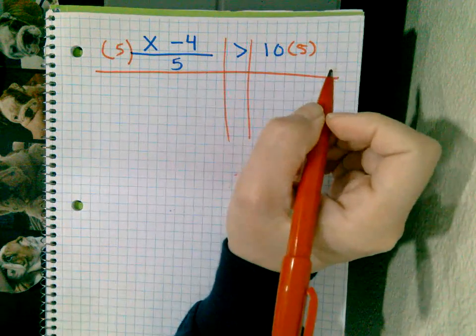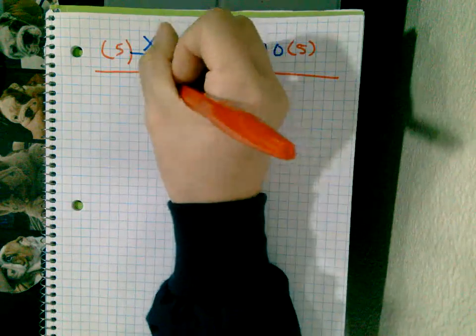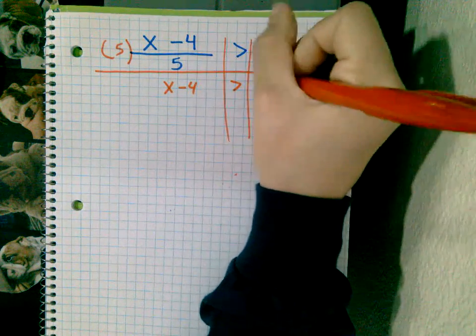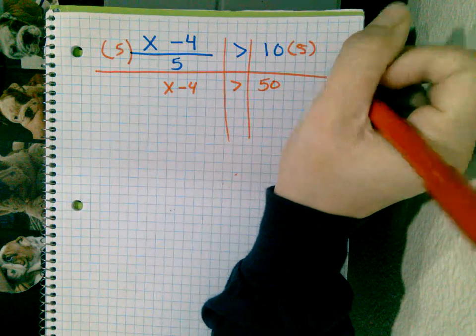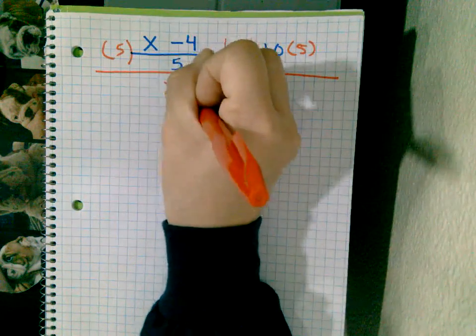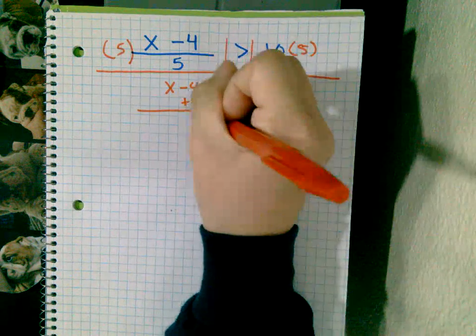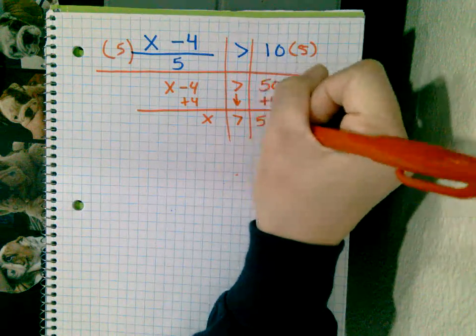We usually don't do that first. We usually do that second. But because of the way it's written, we have to do it first. 10 times 5 is 50. And then we're going to add 4, add 4. X is greater than 50 plus 4 is 54.